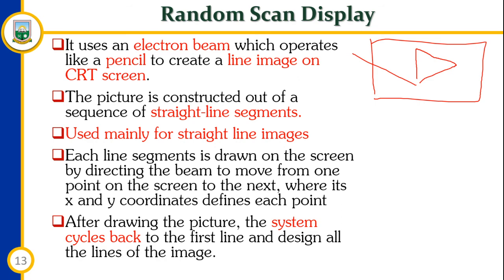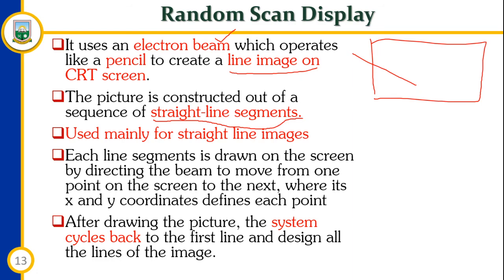Now, as I said, it uses an electron beam which operates like a pencil to create a line image on the CRT screen. So the picture is constructed out of a sequence of straight line segments. I told you every computer graphics library or application has its own primitives in the creation.